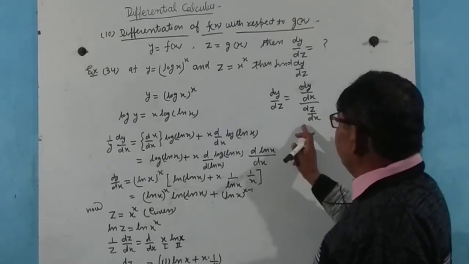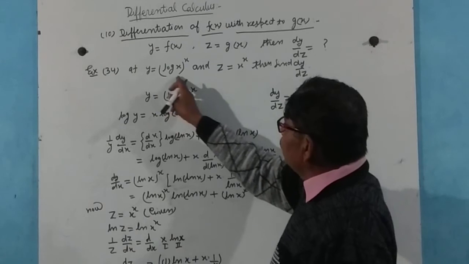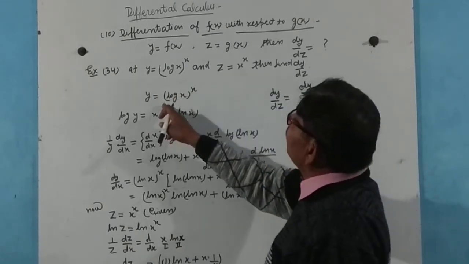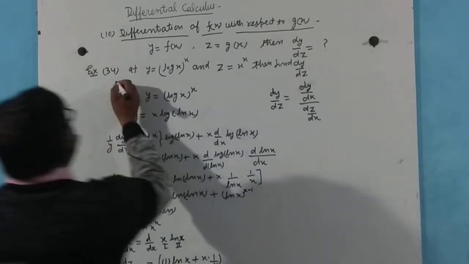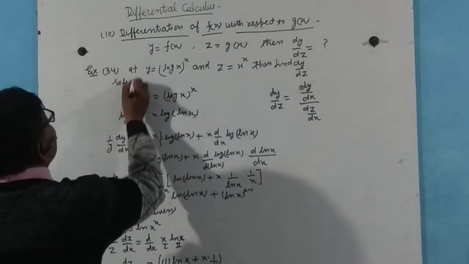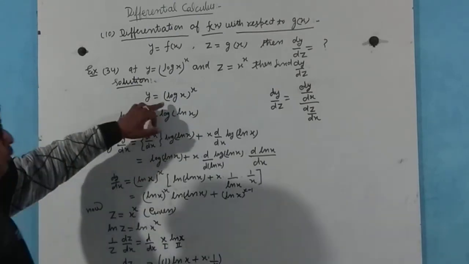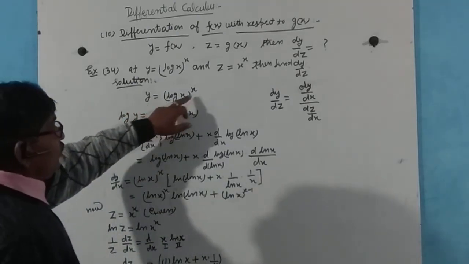Now here, given y is equal to this and z is equal to this. Here y is equal to (log x) to the power x.